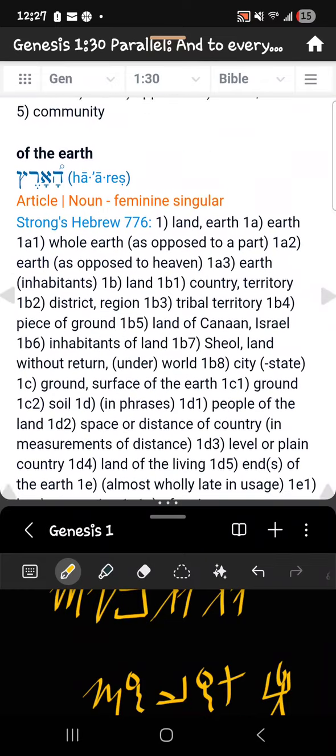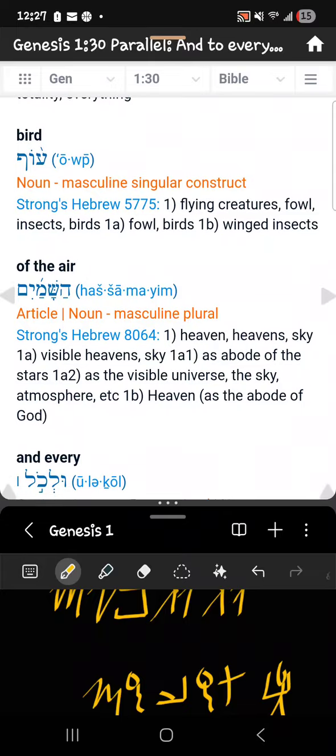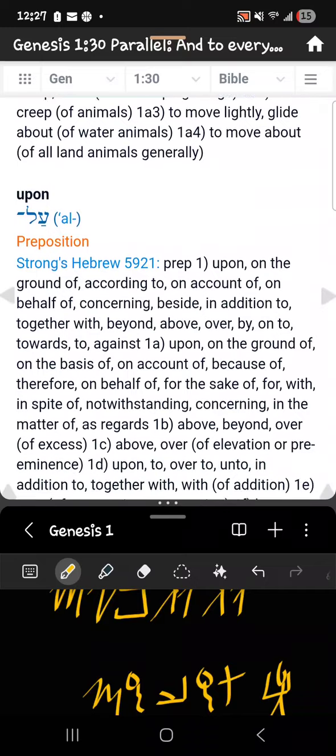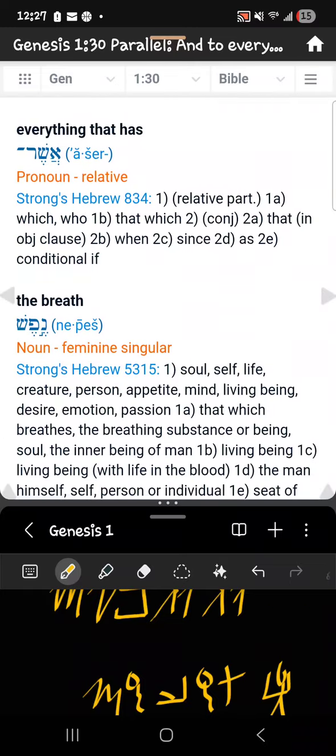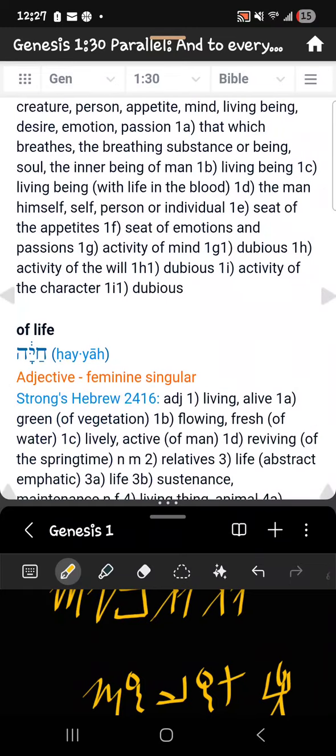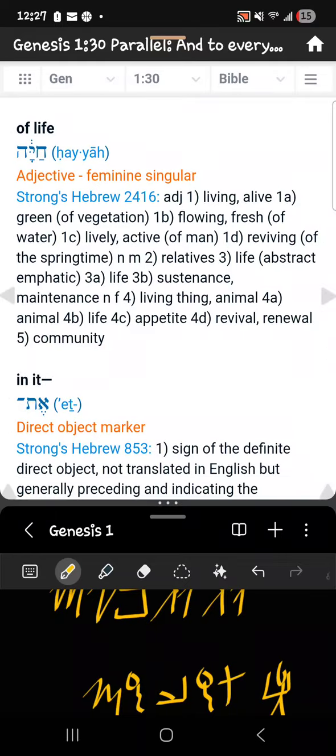And to every beast of the earth, and every bird, every iwap of the air, and every creature that crawls upon the earth, everything that has the napish, the NPC of life. So look, that's life instincts. Anything that has natural instincts to living, like the natural will to live.